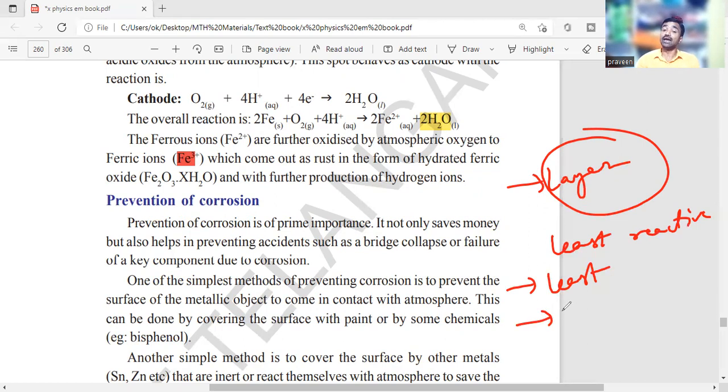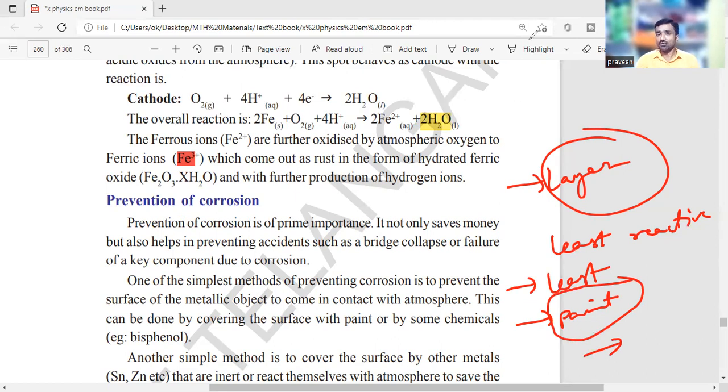Use a layer which avoids contact with water and air and itself does not get wet: paint, oil coating, applying greases, anything. So these are the preventive methods.